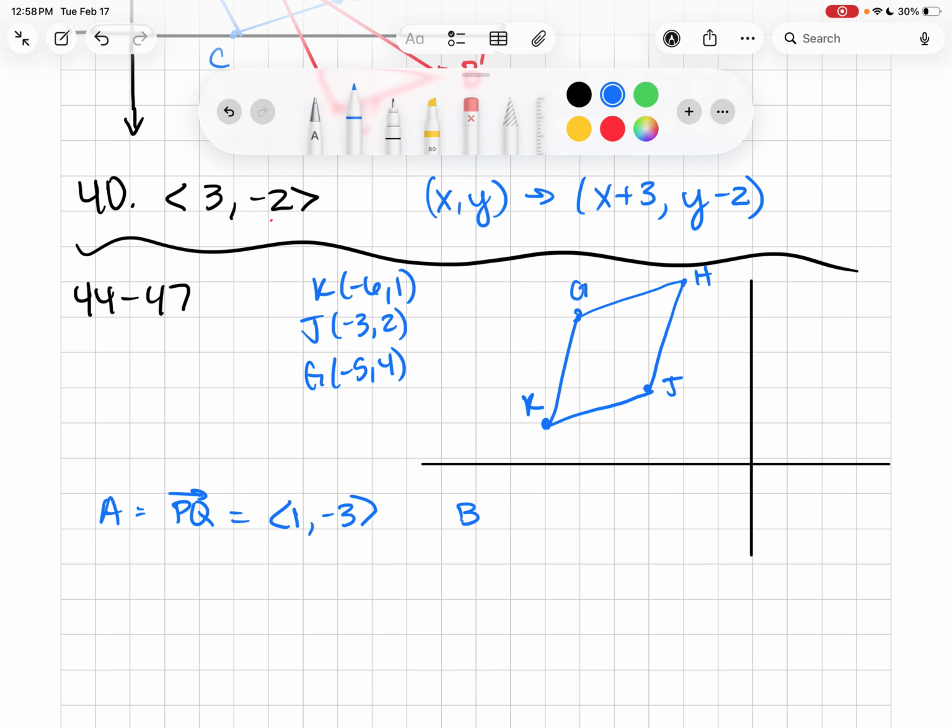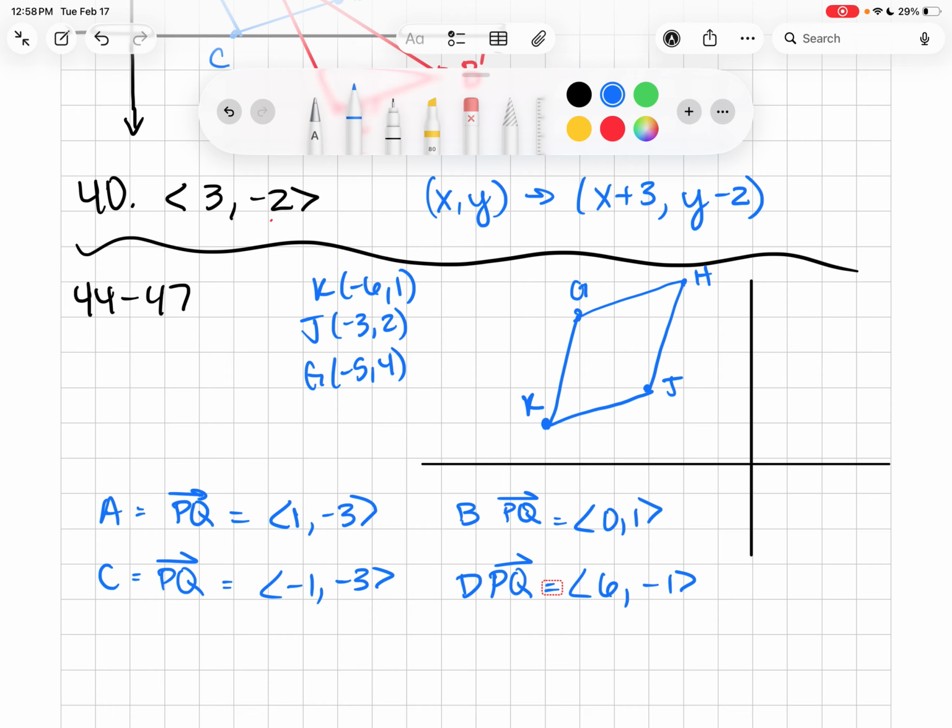B is the vector <0, 1>. C is <-1, -3>. And then D is <6, -1>. And then they give you image points.